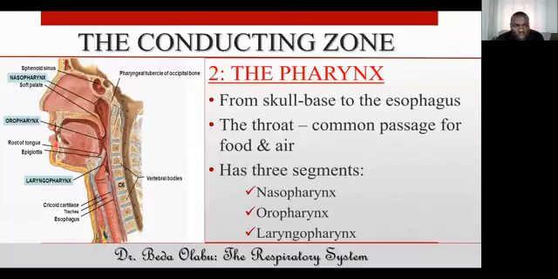How about food? Food enters through the oral cavity, then goes to the oropharynx, then laryngopharynx, then esophagus. So what I want you to take note of is that air passes through all the segments of the pharynx, but food does not pass through the nasopharynx. Food only passes through the oropharynx, then laryngopharynx, down to the esophagus.